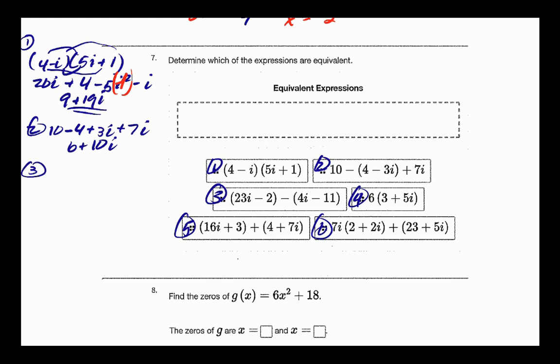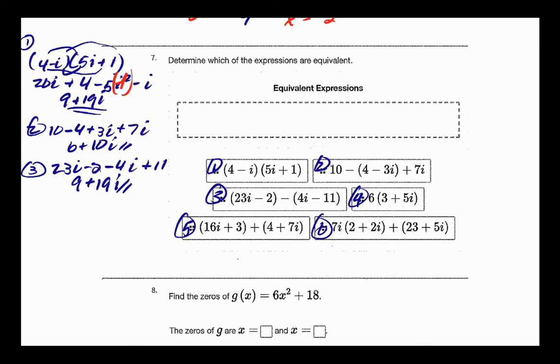If we do this, we'll have 23i minus 2. Again, I'm taking this negative and distributing it through that parentheses. So that'll give me minus 4i, and then a negative times a negative will give me plus 11. So when I work that one out, I get 9 plus 19i. So that one and the top one are similar.